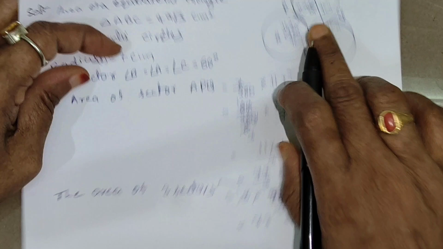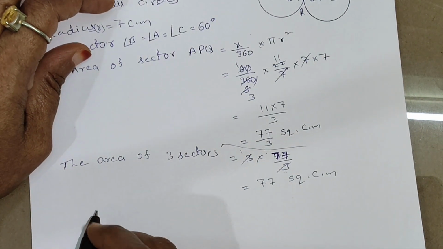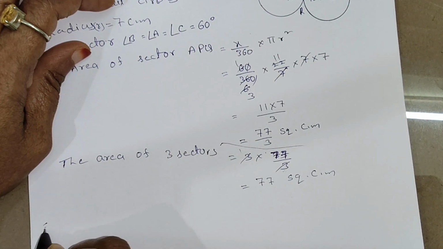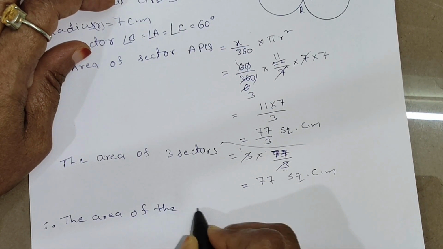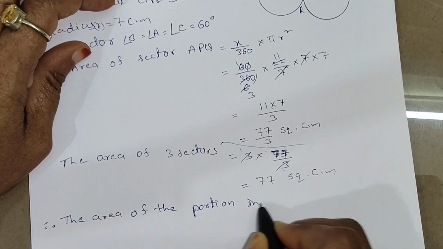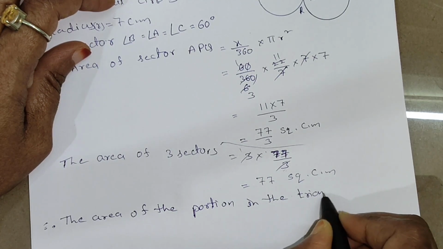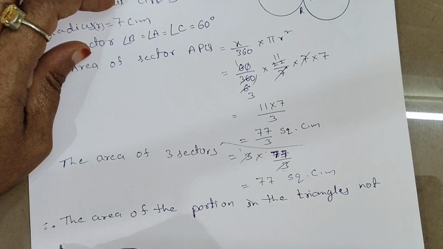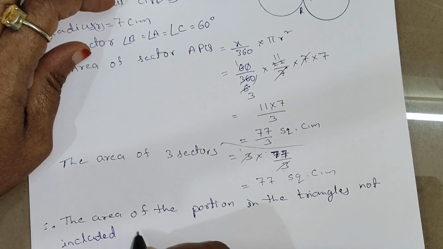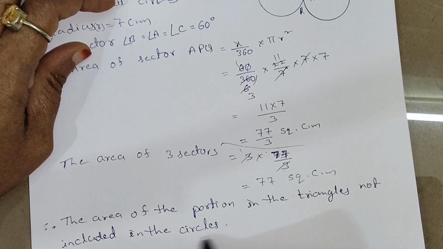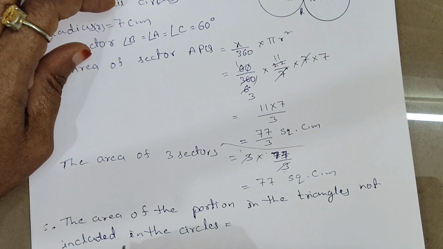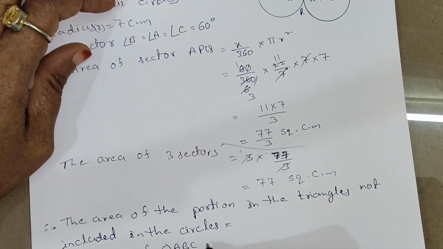Now here we find the area of the portion in the triangle not included in the circles. The area of the portion in the triangle not included in the circles is equal to area of triangle ABC minus area of 3 equal sectors.